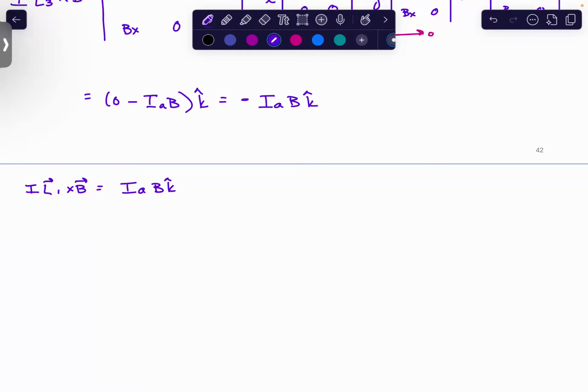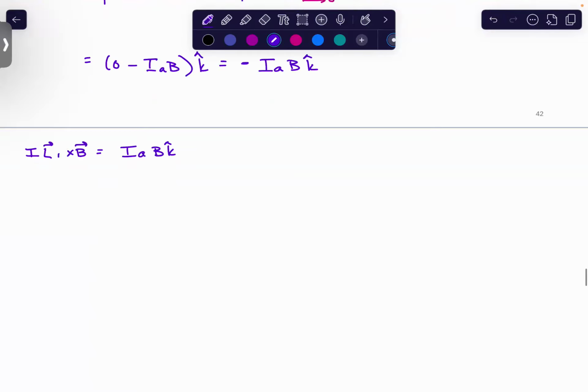So then, of course, how do we do the magnitude of this? You've been doing magnitudes for two-dimensional vectors. You just add the third component in.